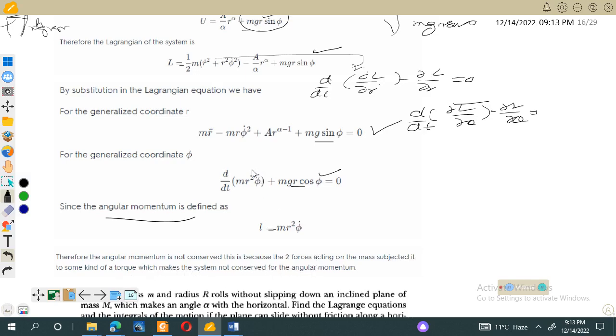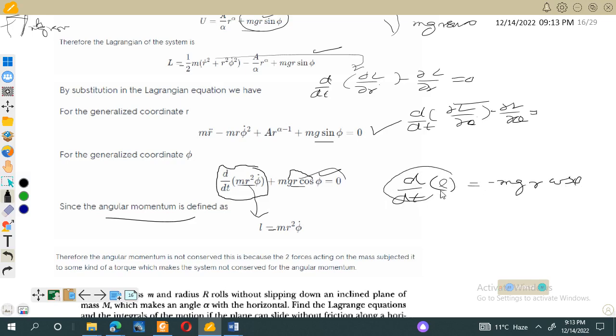Here dL over dt is equal to these terms, which becomes minus mgr cos of phi.